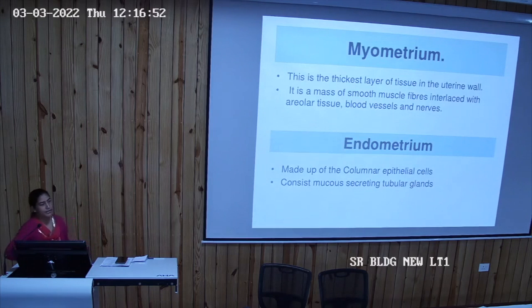Now what is the myometrium formed of? The myometrium is formed of smooth muscle fibers. Can anyone tell me why smooth muscle fibers are present here?